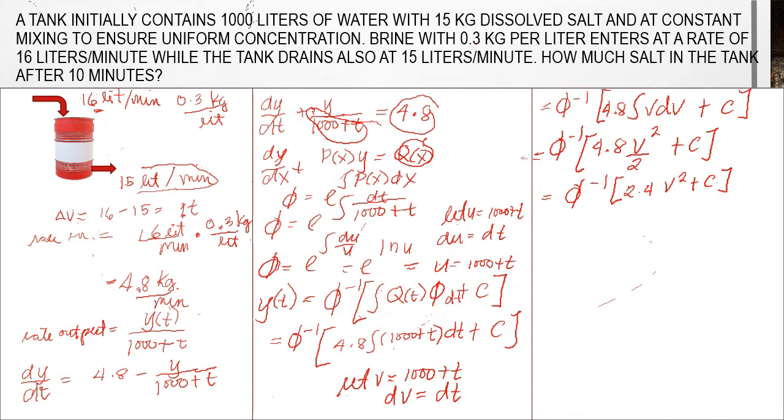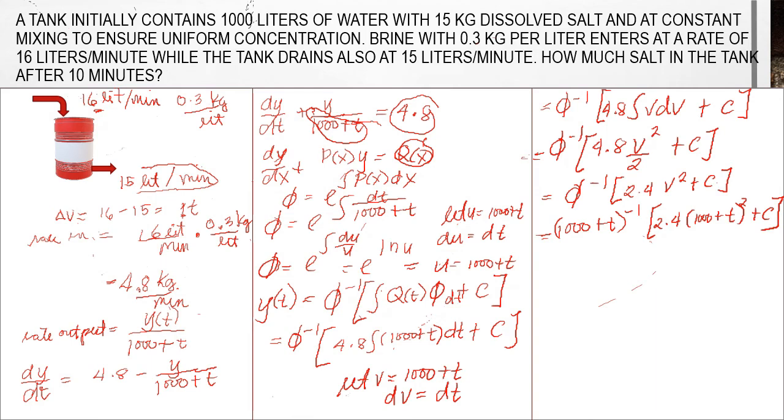So 1000 plus t to the inverse times 2.4 times 1000 plus t to the 2, plus c.